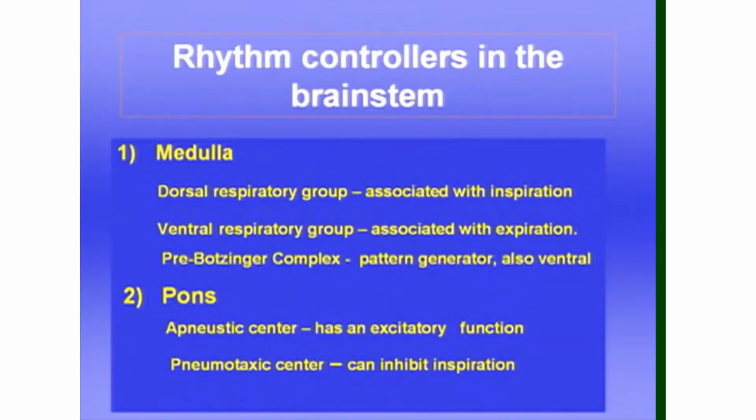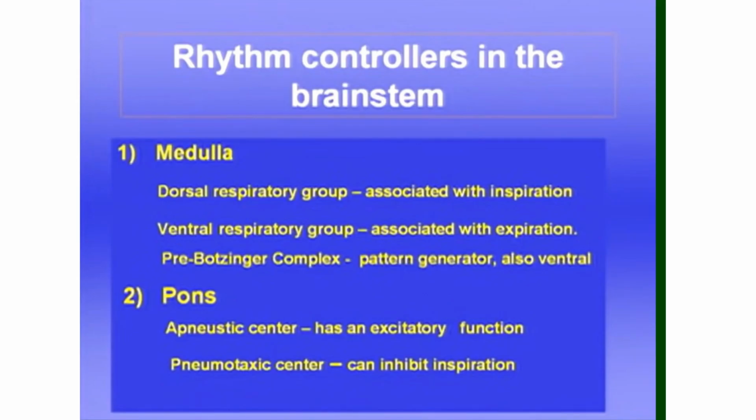Now in the pons, there are two groups of neurons, centers, that classically have been thought to be important, although exactly how important they are in normal breathing is still, in humans, not clear, because all these experiments necessarily are done on animals.